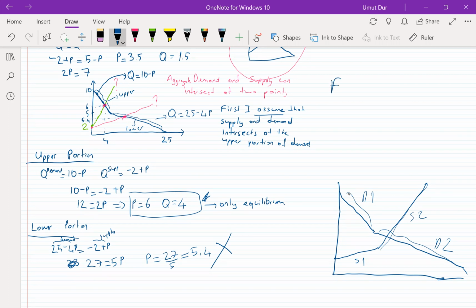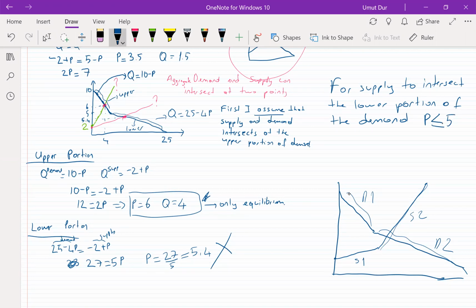For supply to intersect the lower portion of the demand, price should be less than 5. The reason is that the lower portion of the demand curve is valid for price less than 5. If the price is greater than 5, my demand is the upper portion of the demand curve.